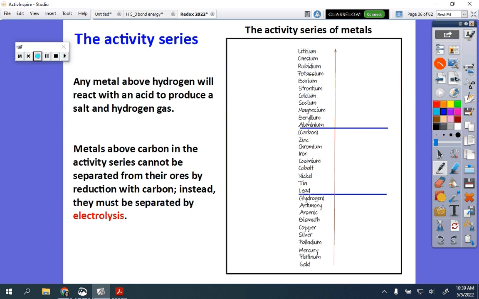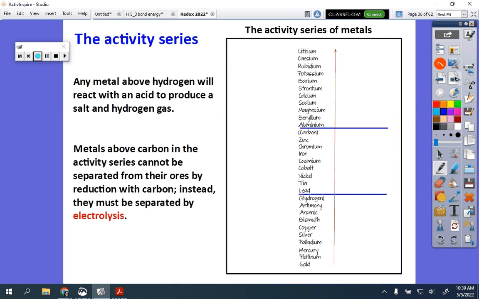Carbon is in here because it's a very plentiful element, and it's often used for purifying metal ores. So metals, for the most part, do not exist in their natural state, you know, chunks of lithium or chunks of aluminum.